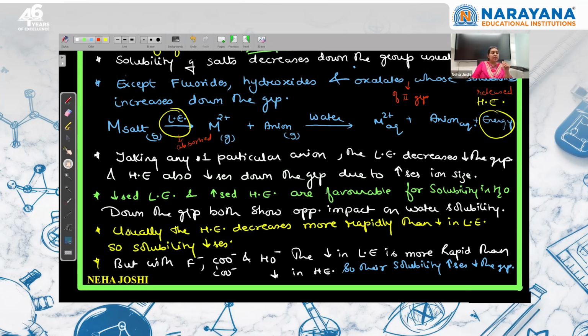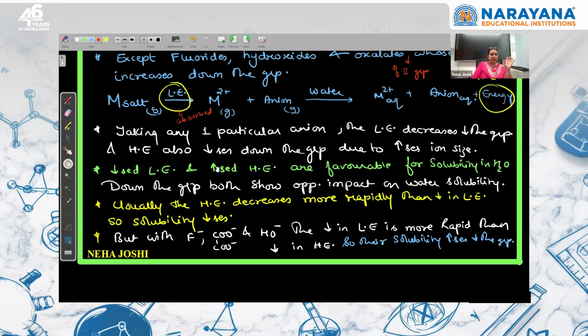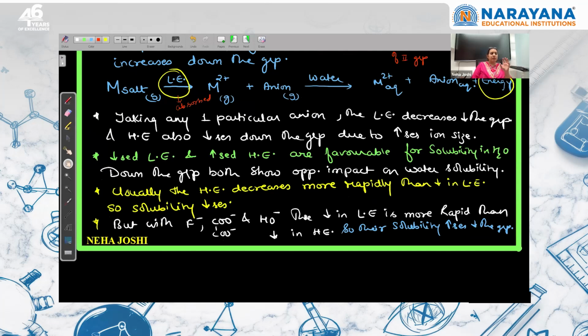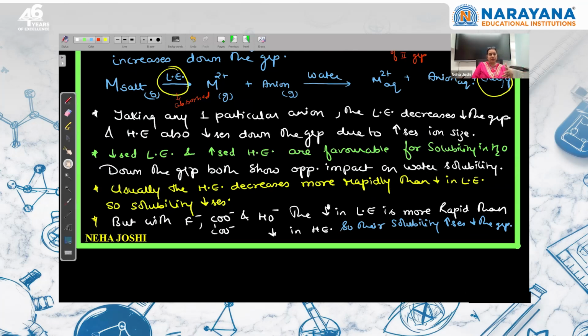Now, taking any one particular anion, say carbonate or sulfate, the lattice energy decreases down the group. Hydration energy also decreases down the group. Why? Both due to the increase in size.